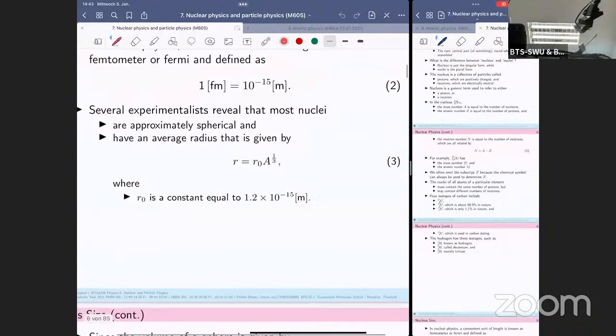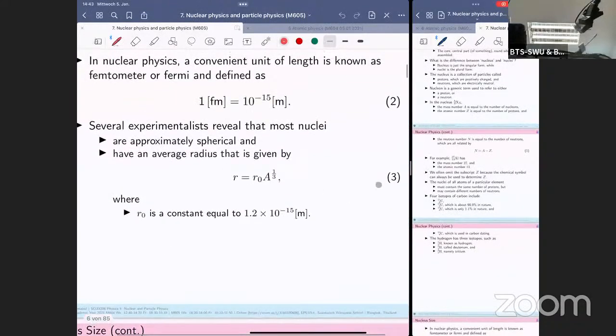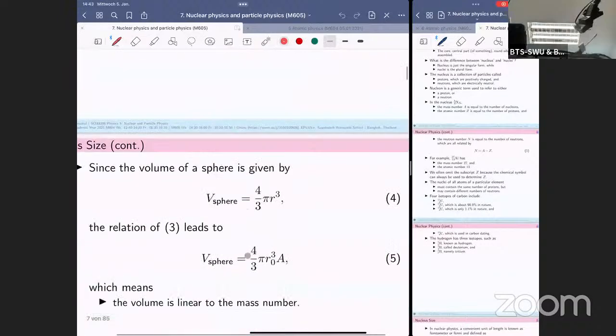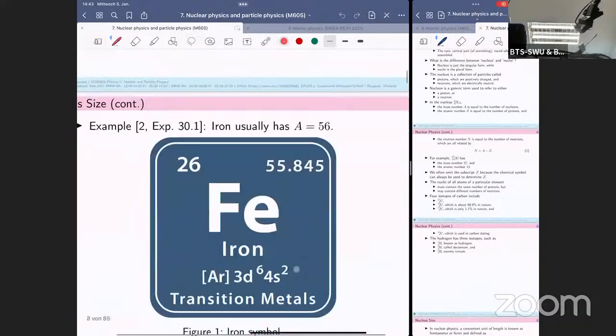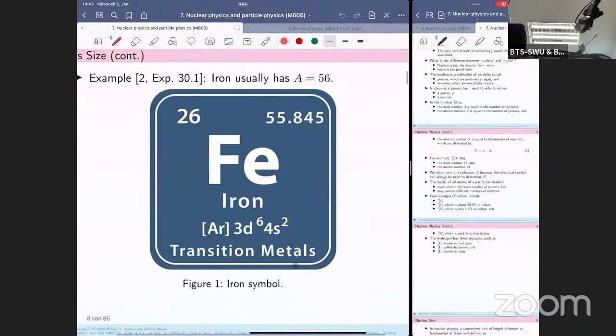You just substitute equation 3, R0 A to the power 1/3, into this expression, and you get 4/3 pi R0 cubed times A. So the volume is linear to the mass number.